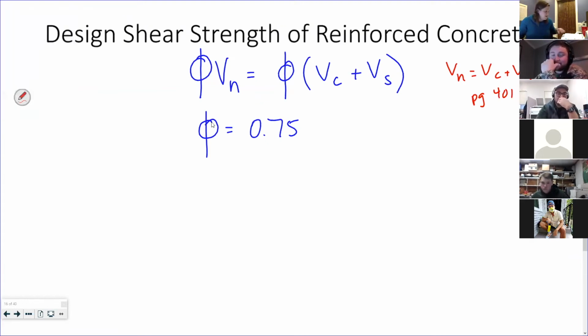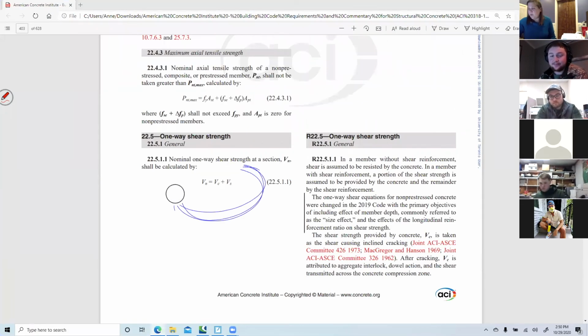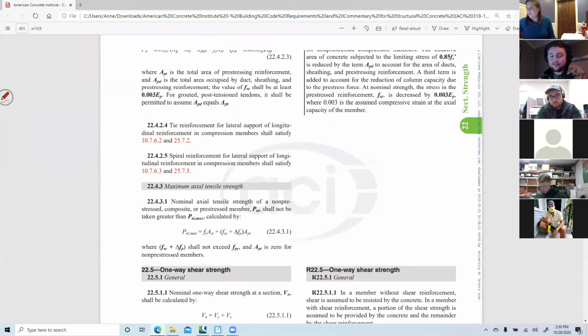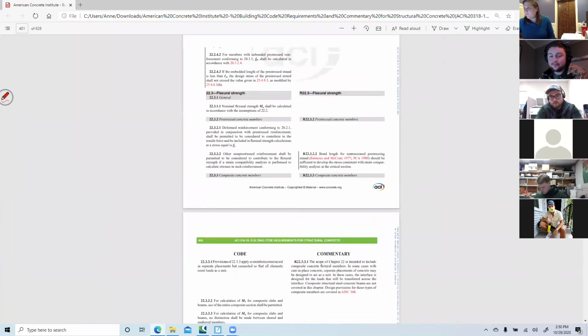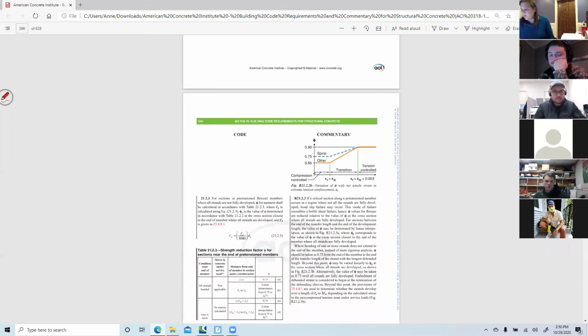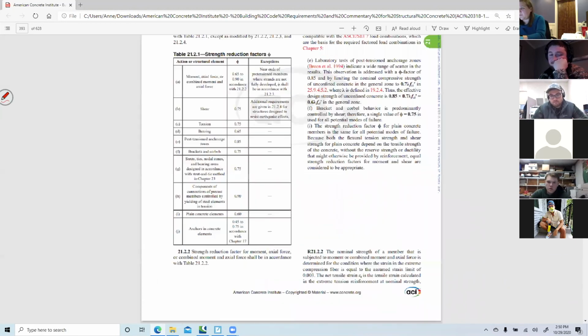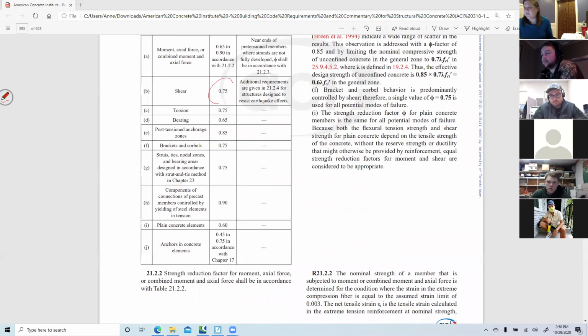My phi factor, which you should have a tab, page 391. Shear is just a flat 0.75.